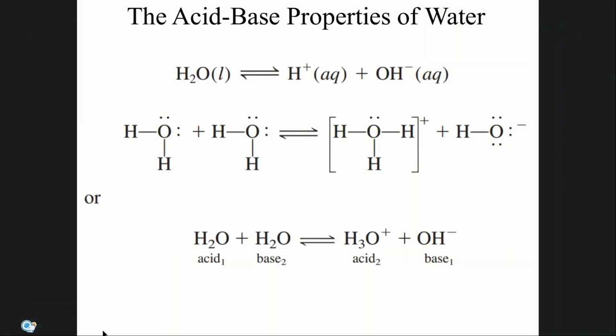Water functions as a base in reactions with acids such as hydrochloric acid and acetic acid, and it functions as an acid in reactions with bases such as ammonia, for example.